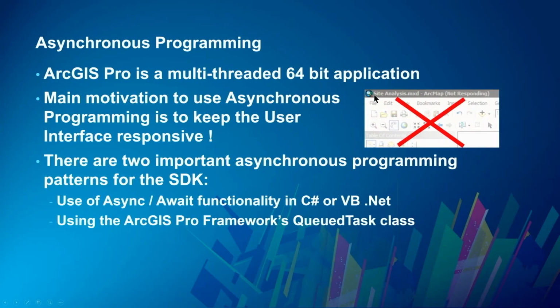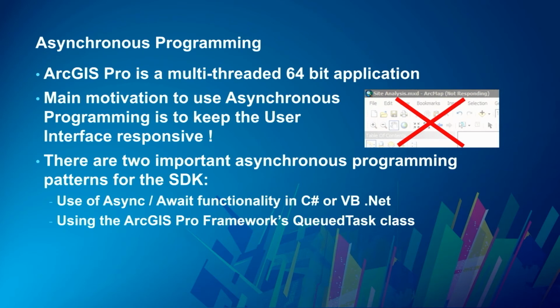So the next pattern is the asynchronous programming. If you come from an ArcObjects world, you know that ArcObjects is not asynchronous by nature. You can write your own threading models for ArcObjects, but that's very tricky. ArcGIS Pro is a multi-threaded 64-bit application. And the main motivation to use asynchronous programming was to keep the user interface responsive.